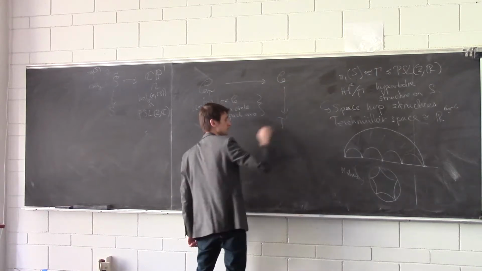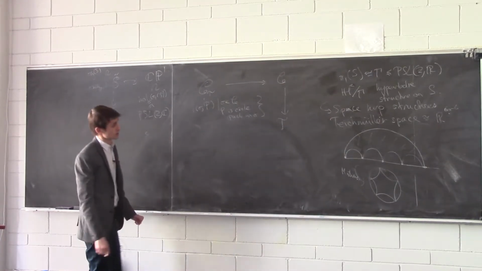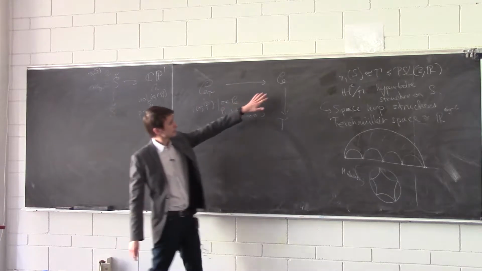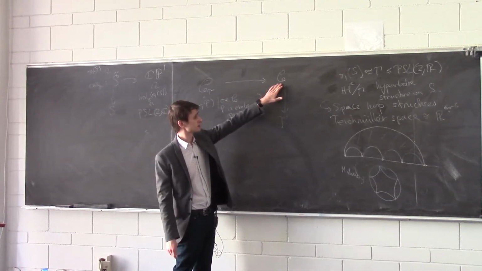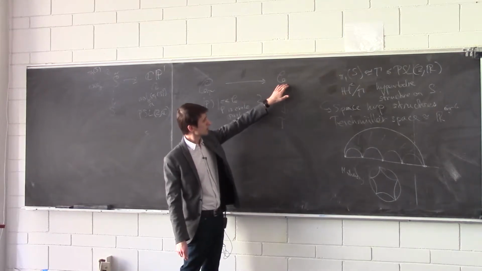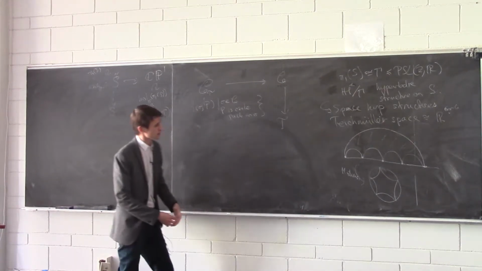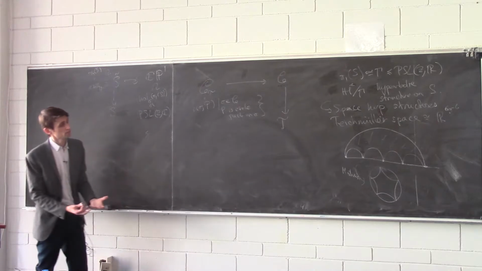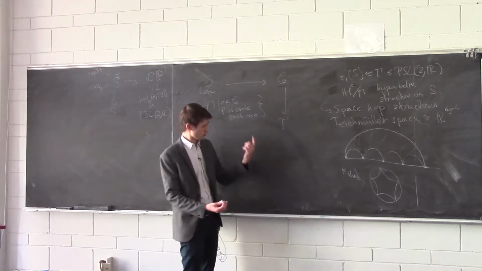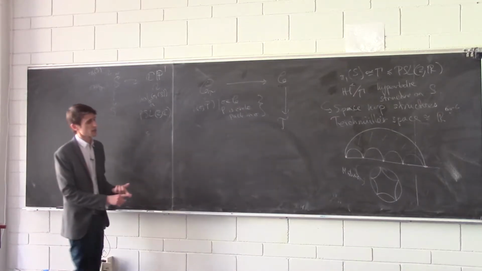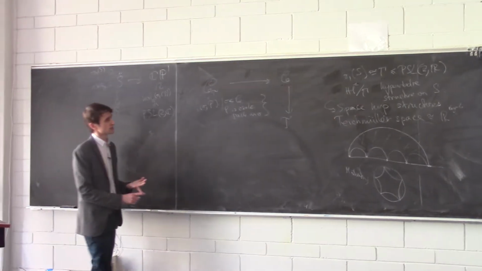So how does this work? Well, it works by uniformization. A complex projective structure is automatically a complex structure on a surface. So a complex structure on a surface gives a complex structure to its universal cover. And a simply connected one-dimensional complex manifold can either be the complex plane, the disk, or the Riemann sphere.